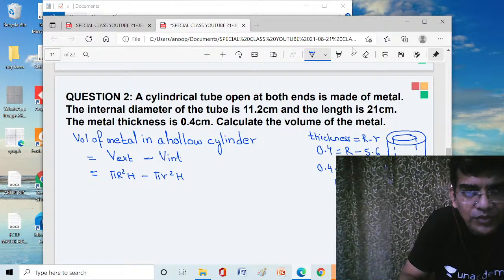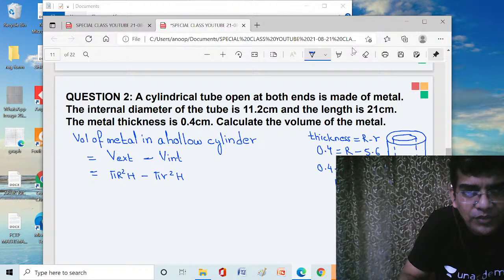Okay, now let's substitute the values. Pi is 22 by 7, capital R is 6, small r is 5.6, and the height is 21, that we have calculated.